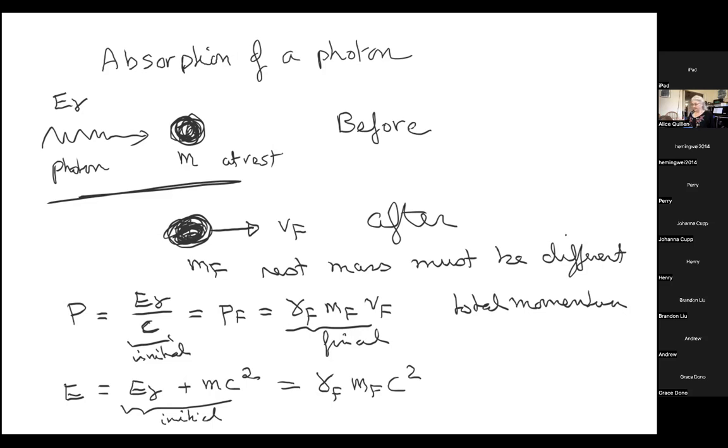So I can take the ratio of these two things. The left-hand side, I know this, and I know this down here. If I do that, then I can solve for the final velocity.